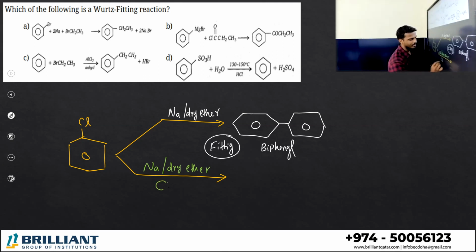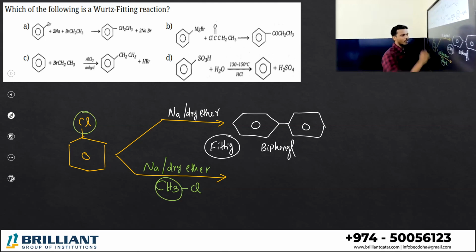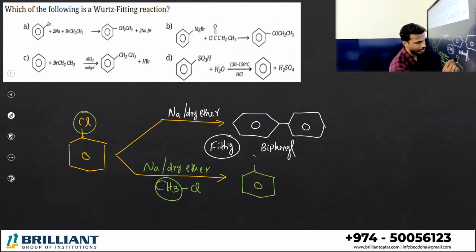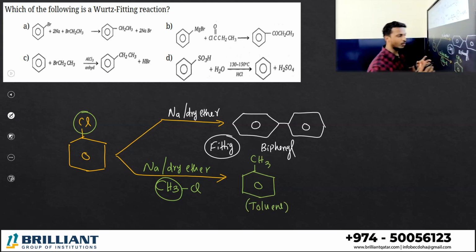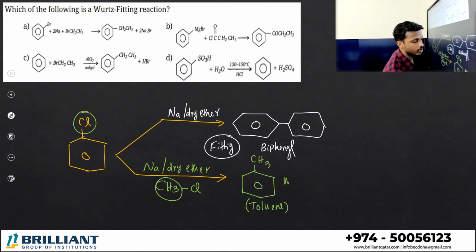For example, CH3Cl, methyl chloride, ethyl chloride, any haloalkane. So what is happening here, you know? The CH3 group is coming instead of chlorine on the ring. So you will get toluene. Any alkyl group you can substitute on that benzene ring. This is called Wurtz-Fittig reaction.